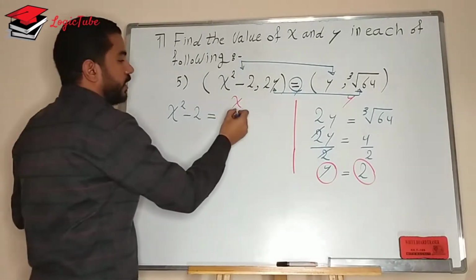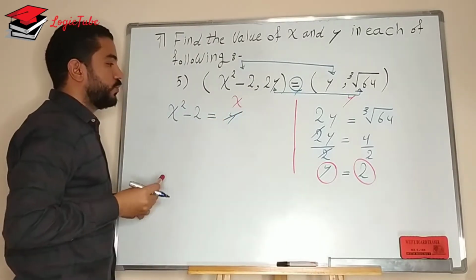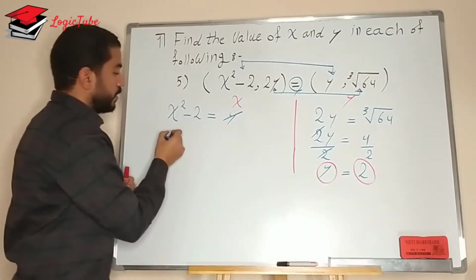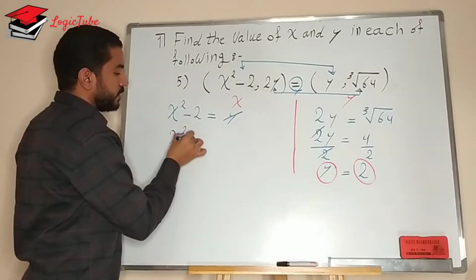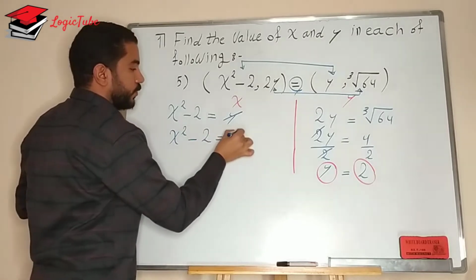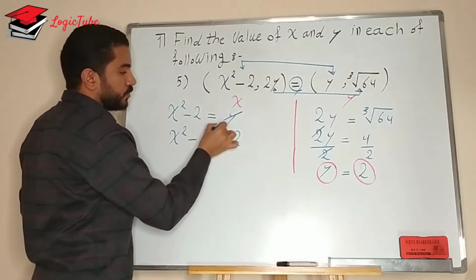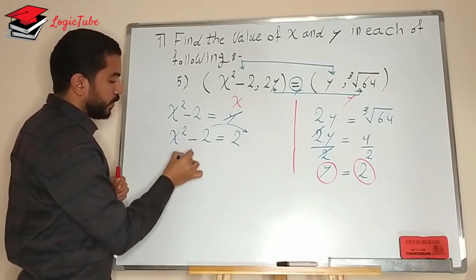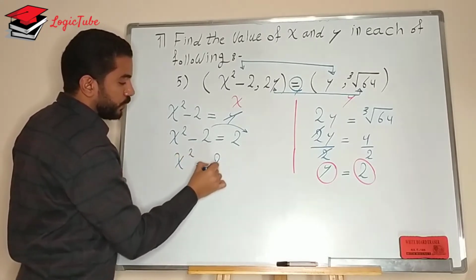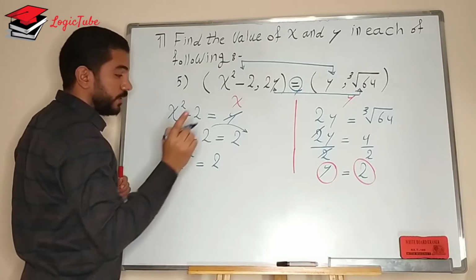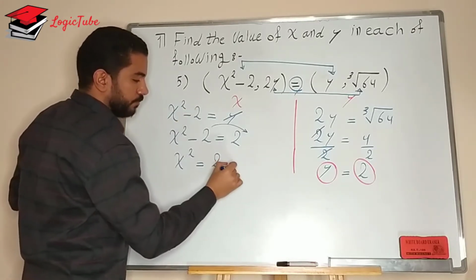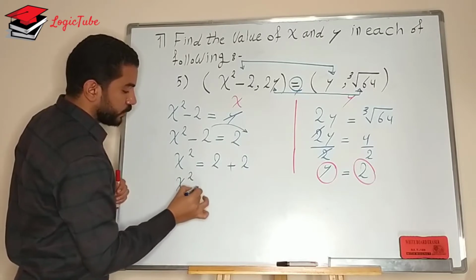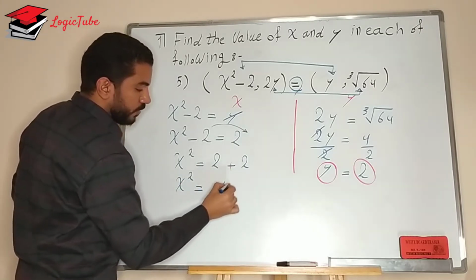I'll remove y here and substitute it by 2. It will be x squared minus 2 equals 2. I'll take this number to the other side by the opposite sign, positive 2. So x squared equals 2 plus 2, 4.